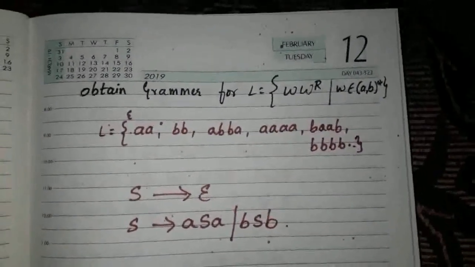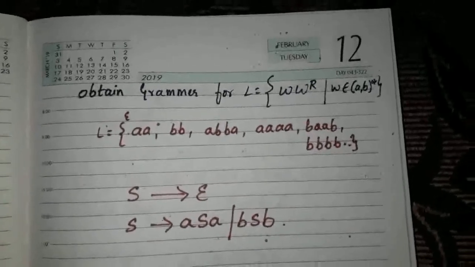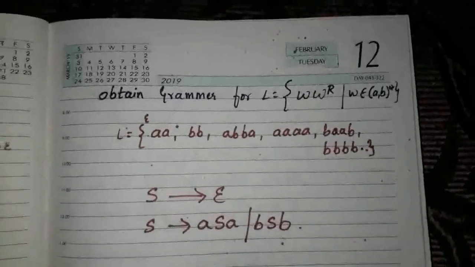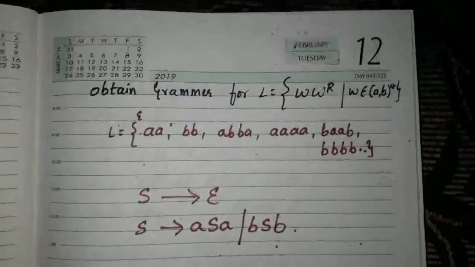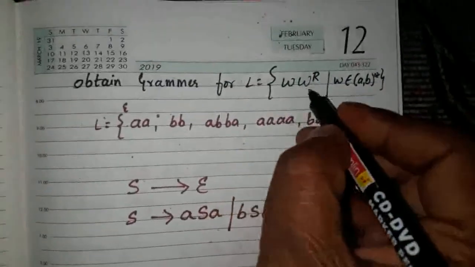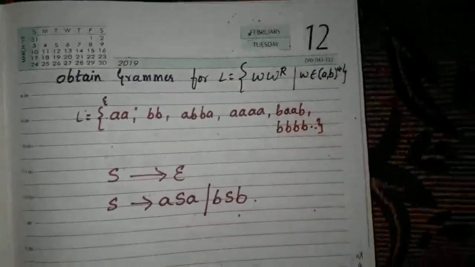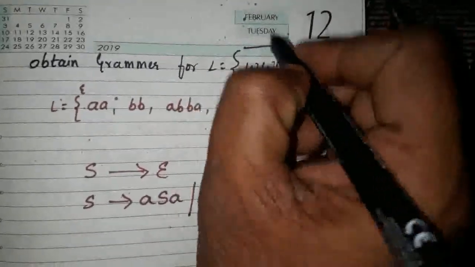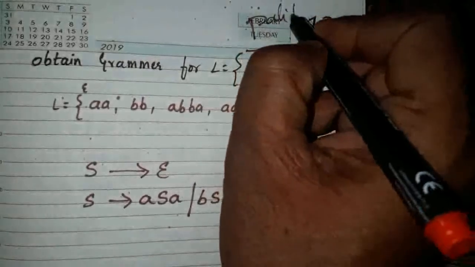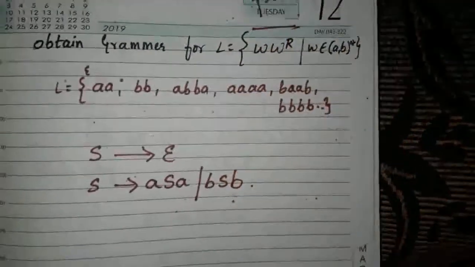It says, obtain the grammar for the language L equal to WW reverse, where W is a combination of A's and B's. See, one more thing here. This is also a palindrome, right?